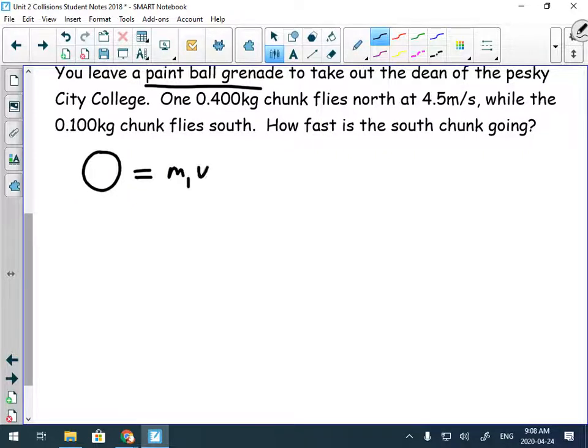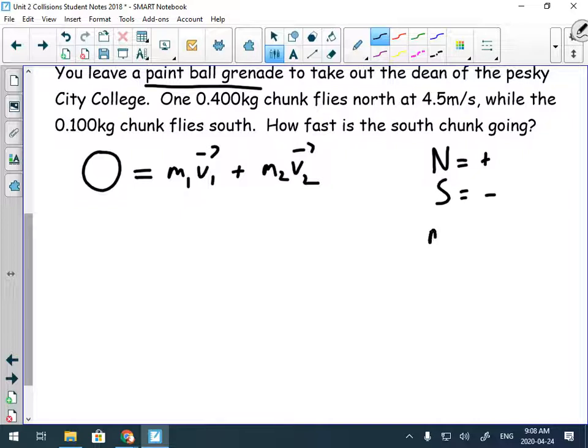And then you have the mass and speed of one chunk of the explosion and mass and speed of the second chunk of the explosion. Okay. Now, before we get going too far, let's just say that north is going to be positive and south is going to be negative, right? Because I haven't been putting arrows on there. In this question, we have two chunks flying in different directions. It's really important you pick one direction to be positive and one direction to be negative.